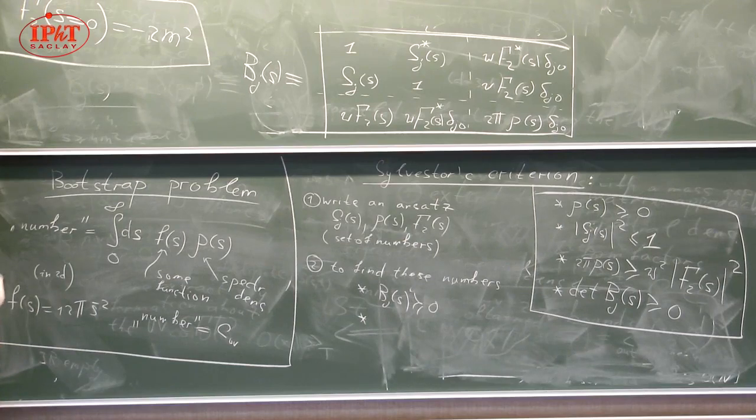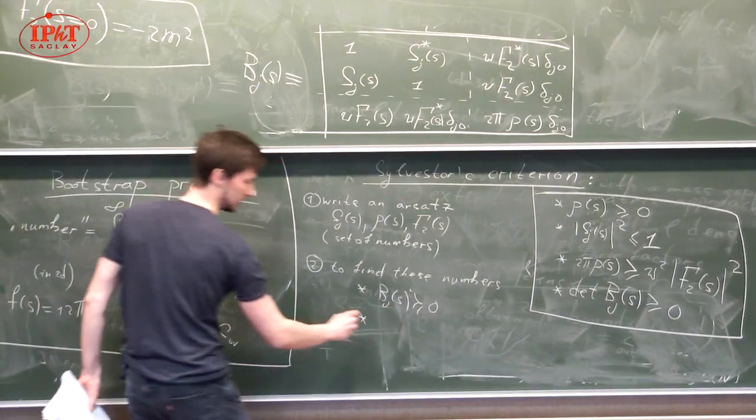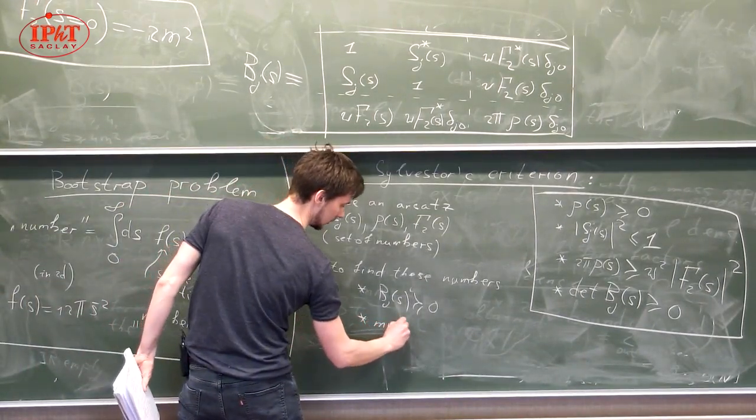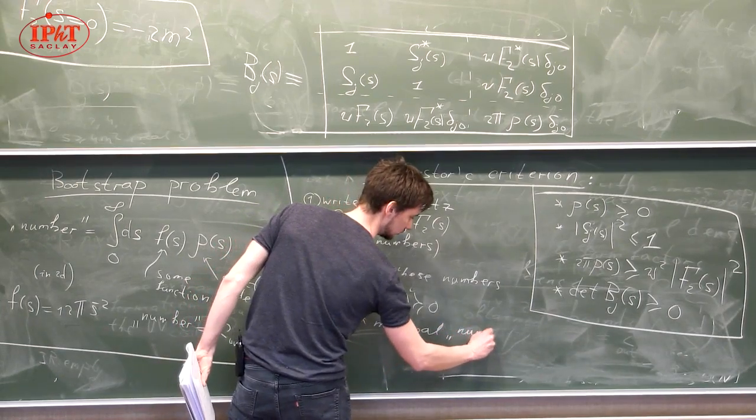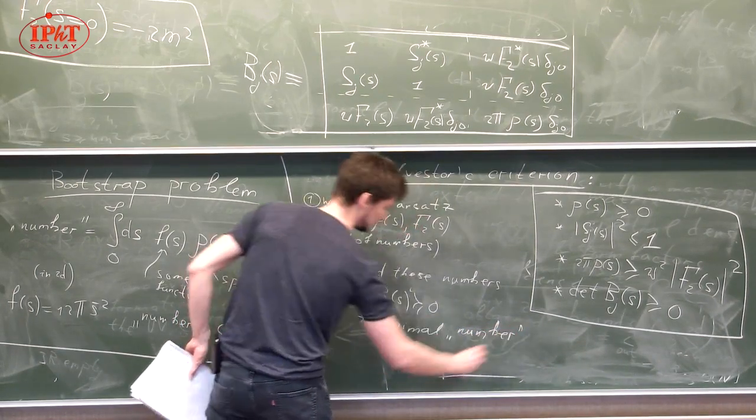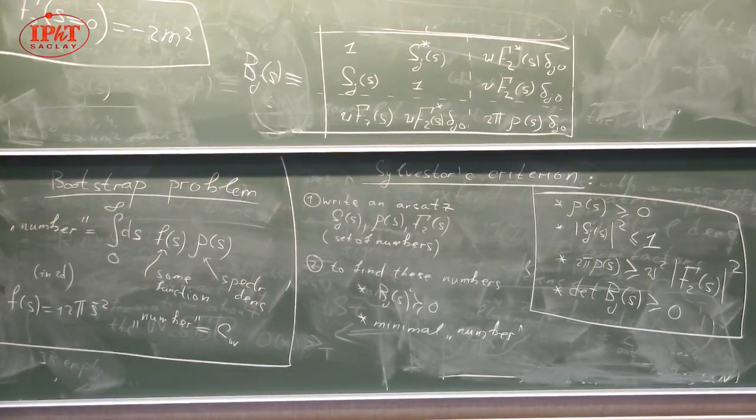In other words, we look for such an ansatz which gives me the minimal possible integral of the spectral density. So, minimal number. That's it. And we have beautiful numerical tools which allow us to do that.